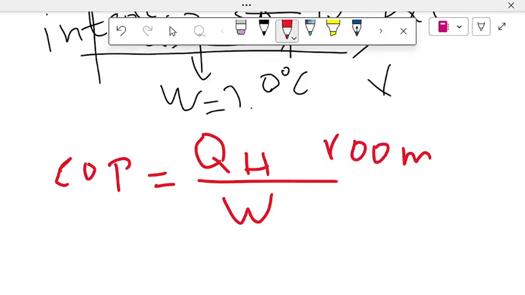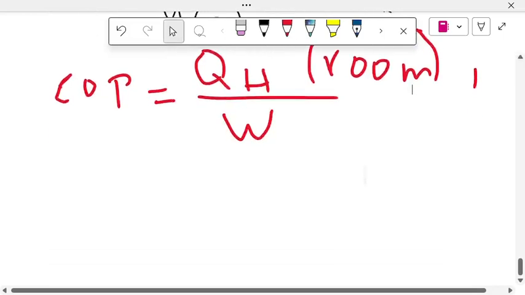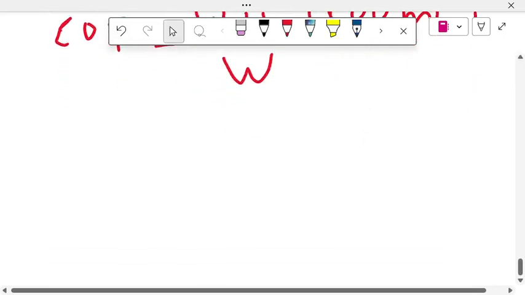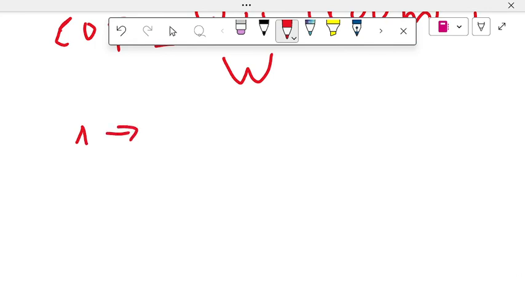Okay, so let's see. For a constant volume, process 1, 2, the volume was constant, but they absorb heat.